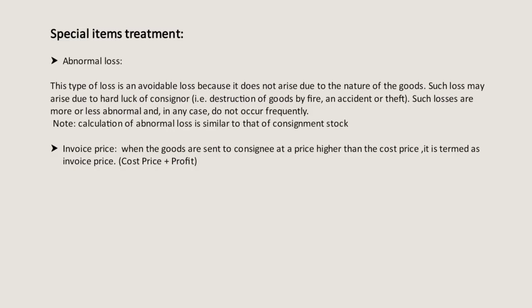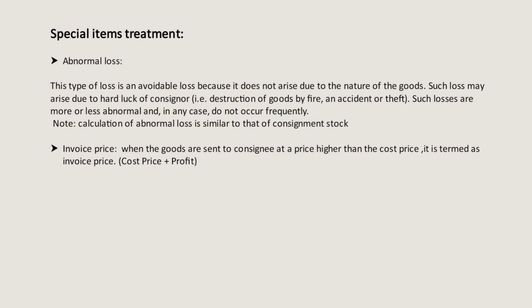Now, it does not occur frequently, which means this type of loss is avoidable. Why is this loss avoidable? Because it does not arise due to some natural thing. It arises due to human nature or human loss.